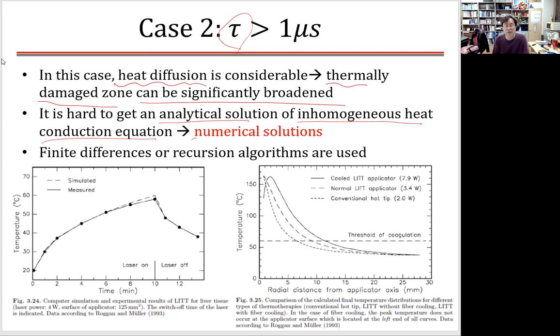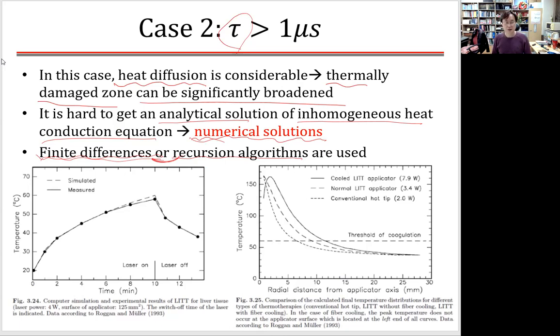So instead of an analytical solution, you can use numerical solutions, such as the finite difference technique or a recursion algorithm, which are actually the same thing. These can be used to simulate the temperature when you have a pulse longer than 1 microsecond.